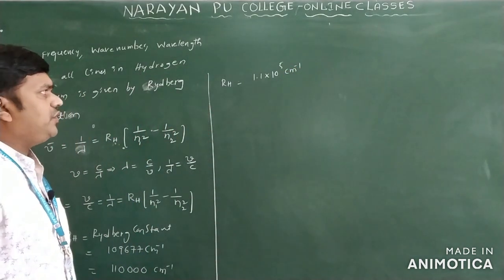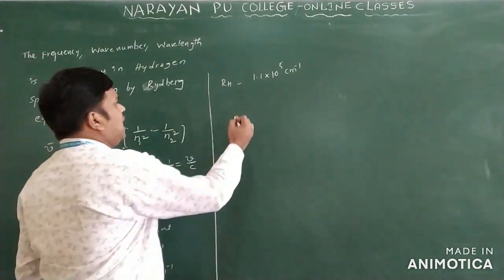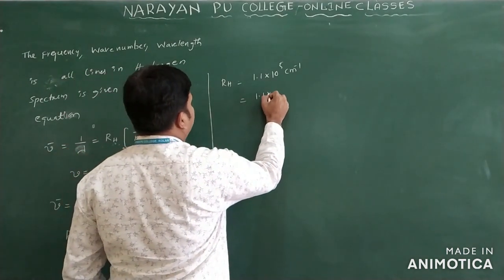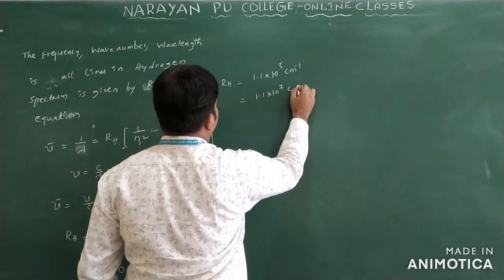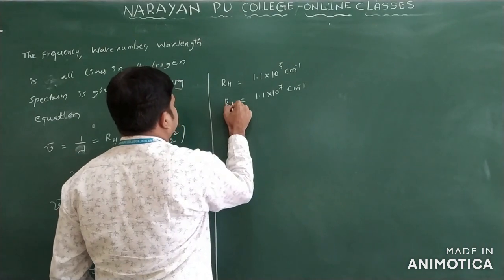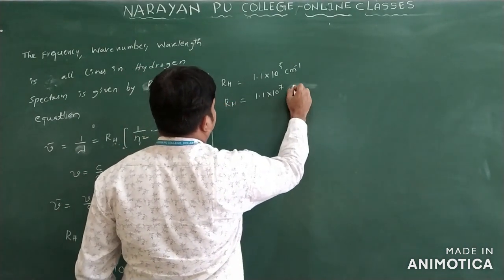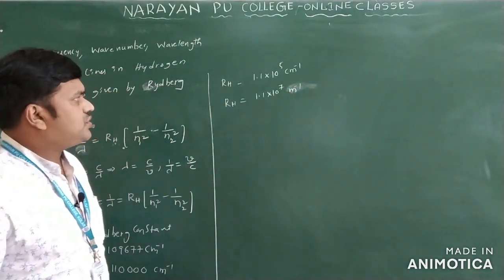We can use this Rydberg constant like this, or you can write RH is equal to 1.1 into 10 power 7 meter inverse. So this is regarding the RH value.